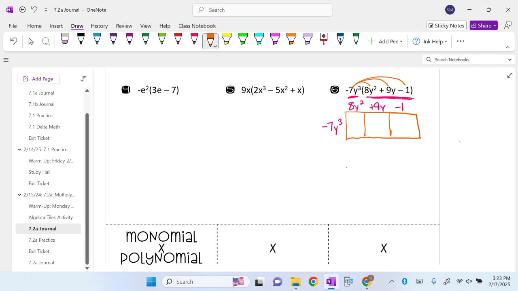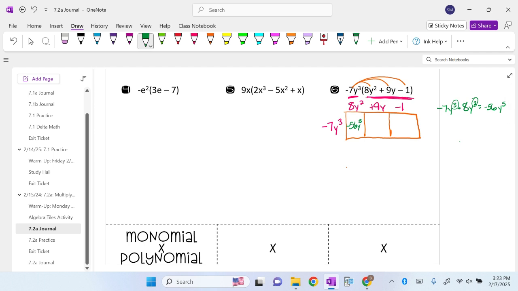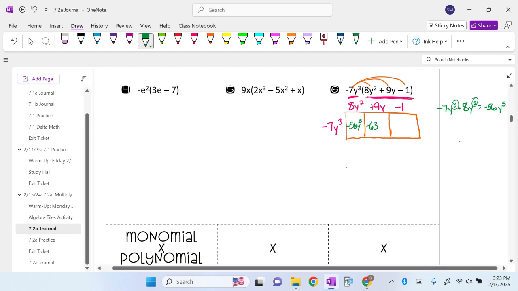So if we work through this, again, remember your exponent rules. So negative 7y cubed times 8y squared. Negative 7 times 8 is negative 56. And you're adding these two exponents. So 3 plus 2 is 5, so y to the 5th. So this would be negative 56y to the 5th. Negative 7y cubed times 9y. Negative 7 times 9 is negative 63.